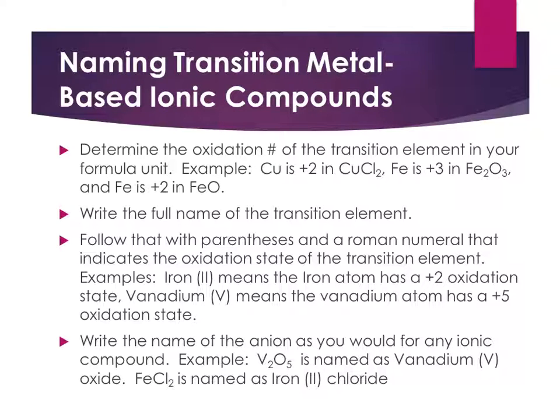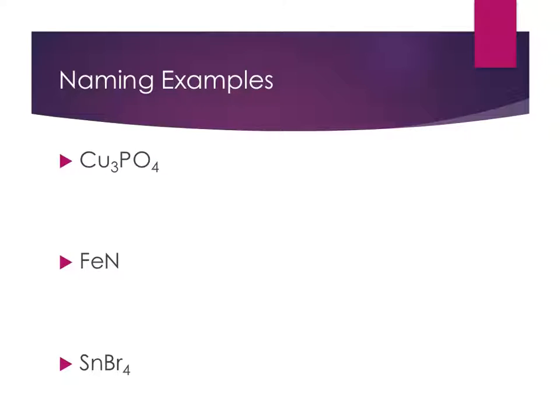For example, V2O5 is named vanadium(V) oxide, because you can figure that out here. Iron chloride is named iron(II) chloride because the iron is in the +2 oxidation state in that particular compound. Okay, so there you go. That's pretty much it. So let's get some practice on it.